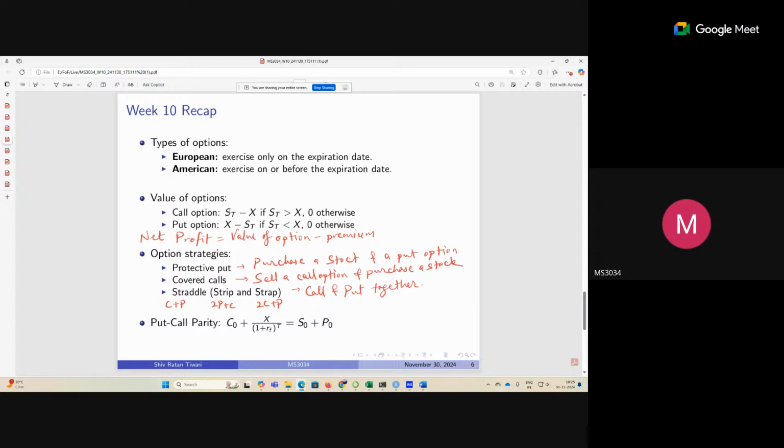Similar to that are the strip and strap strategies: in a strip you purchase two puts and one call, and in a strap you purchase two calls and one put. Through that you build your portfolio, and then you can derive what your payoff would be in different kinds of situations.